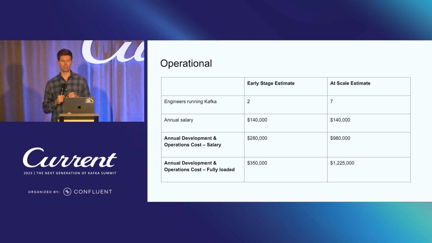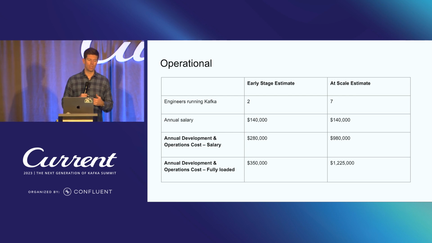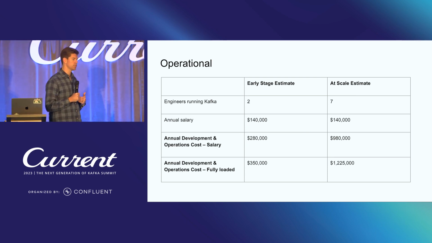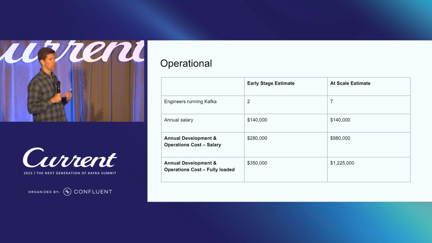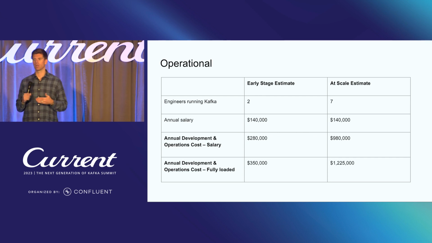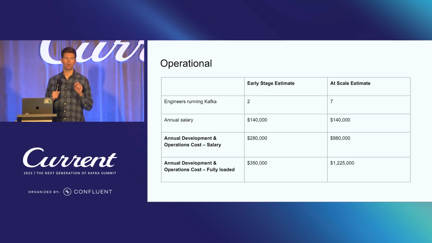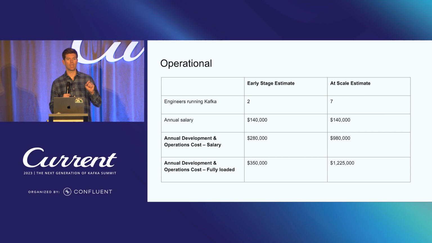I applied some annual salary, and then I added in the fully loaded costs as well. I think it's important to actually think about what the actual operational costs going into my cluster are, especially if they're running in production, having to debug production, and that actually has income statement impact, and I'm going to go through that in a second.